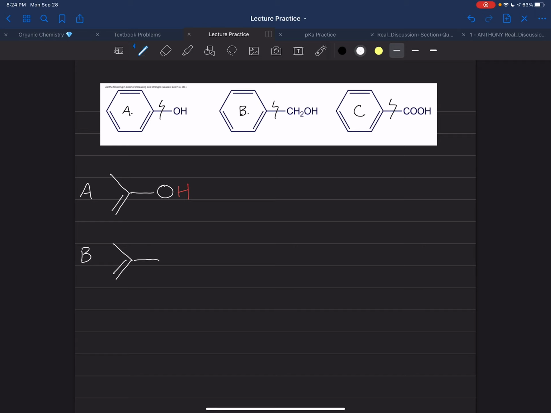And I'm going to draw it out, because if you draw this out, you're going to have a better time. And it's an OH. And I'm also going to include the lone pairs. Let me do that here too.